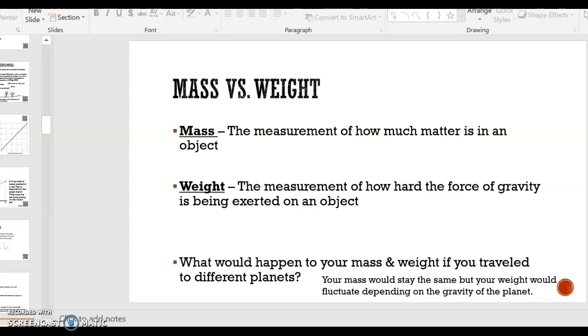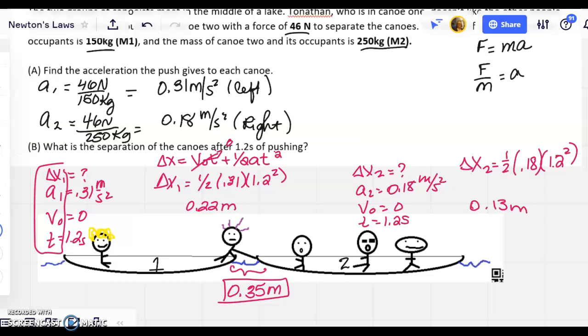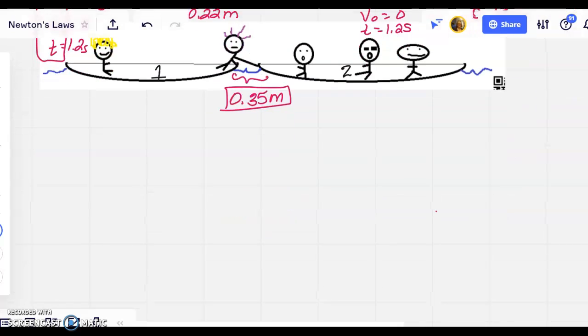I'm going to go back to the Miro board and show you how to calculate weight. You need to put this on your note card. I'm going to scroll some more.